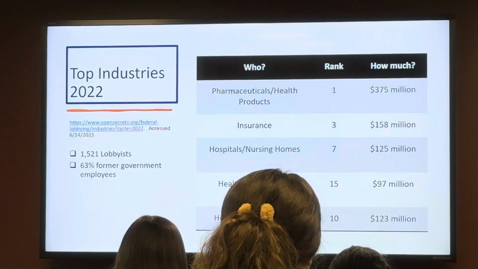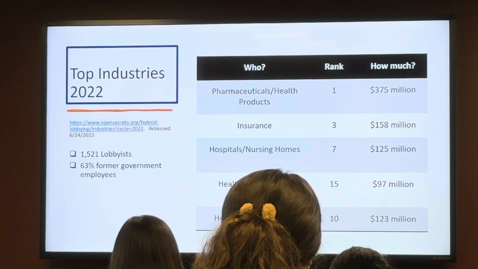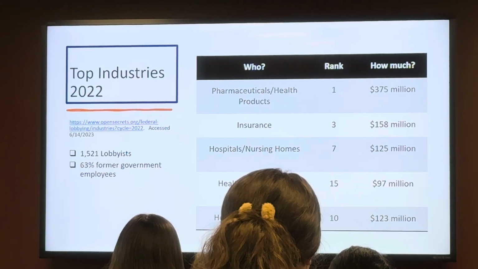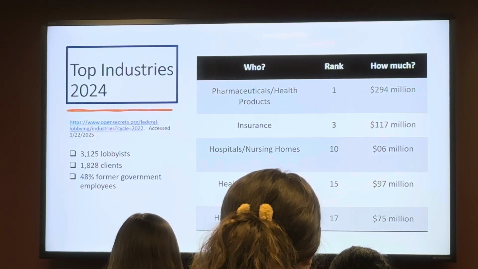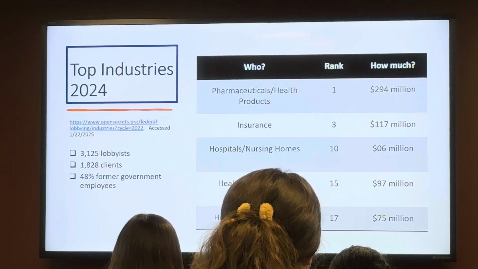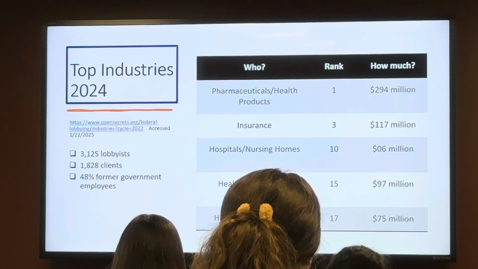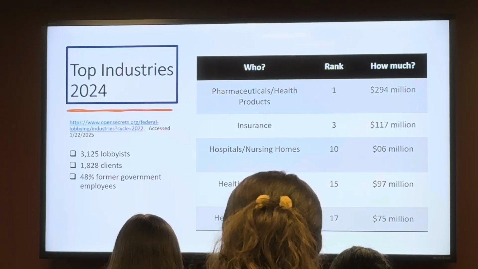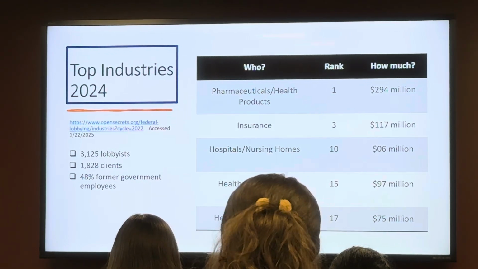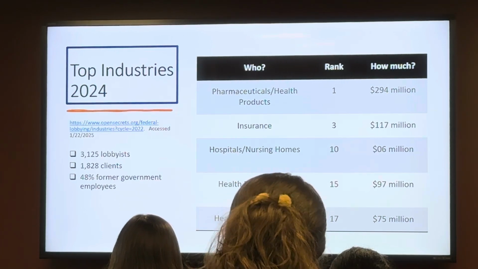They're often at the top. And when you look at top industries, I thought I updated this one. That's 2022. I'll leave that in there just for the 2024. The numbers pretty much stay the same. The number one top industry for lobbying is almost always the pharmaceuticals and healthcare products. Interesting. Insurance.